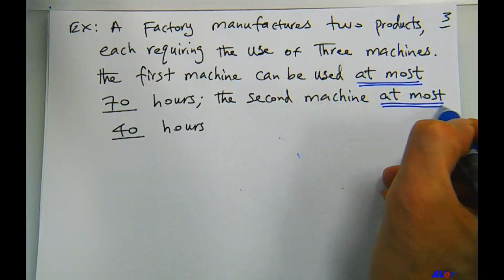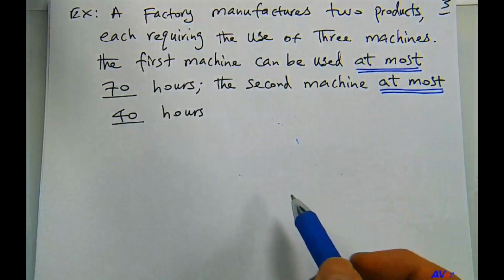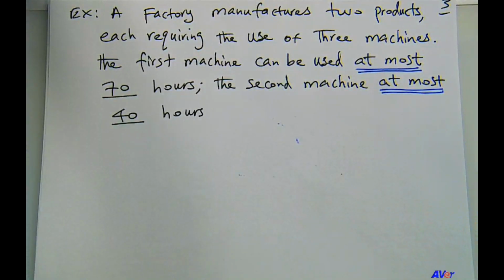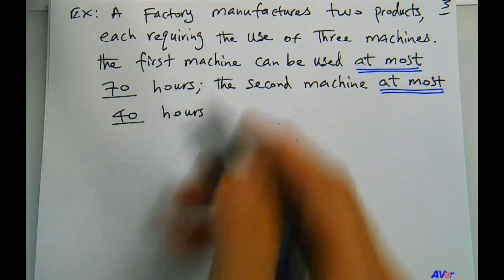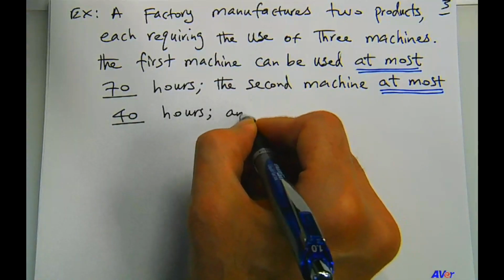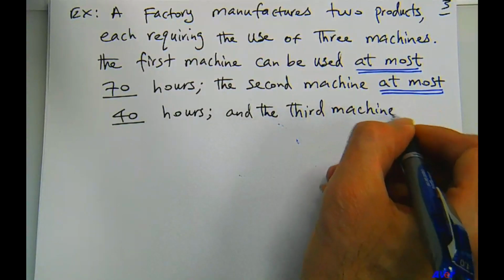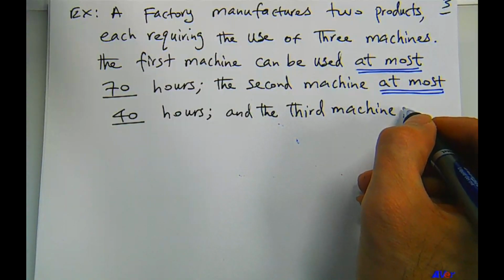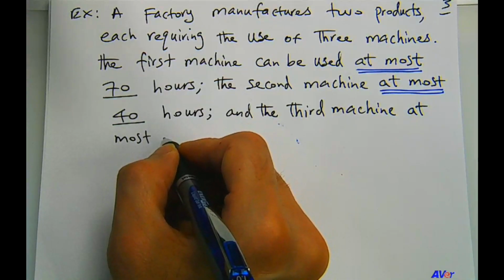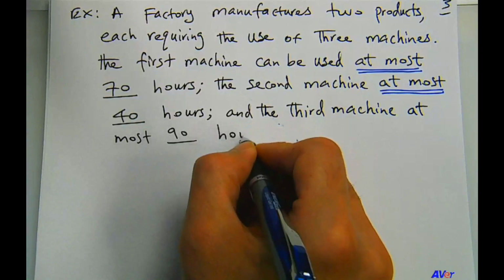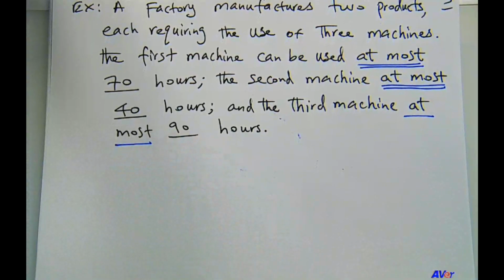At most, these are usually clues for a constraint inequality. There's another at most phrase, right? Very important.